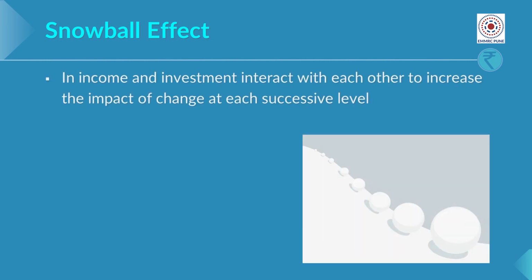This increased demand for capital goods will increase the investment in the economy, and a new round of multiplier and accelerator is generated. In this way, the changes continue in the economy, creating action and interaction. This process is supercumulative because an initial increase in any economic variable initiates other changes and sets off a snowball effect, wherein the income and investment interact with each other to increase the impact of change at each successive level.